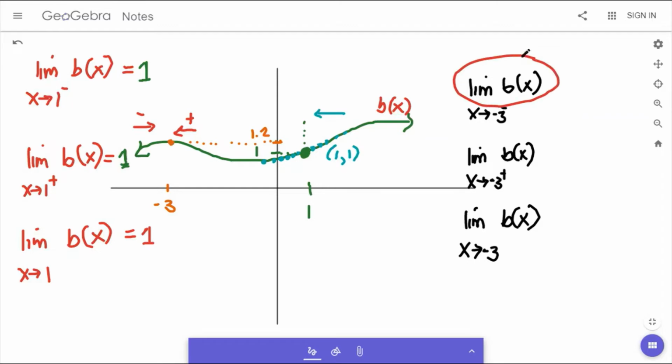What happens to the value of y as x keeps on approaching negative 3 from the left and the right? The answer is, y simply gets closer and closer to 1.2 from the right. And definitely, since they are the same, and they both exist, then the answer of the two-sided limit is also 1.2.